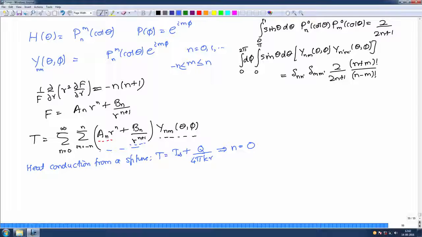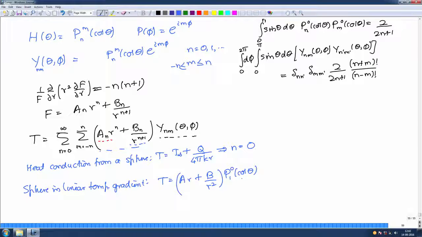Similarly, for the case of the heat conduction for a sphere in a linear temperature gradient, T was of the form A r plus B by r square, P 10 of cos theta.